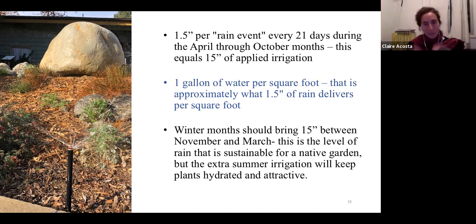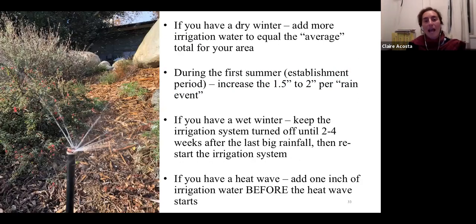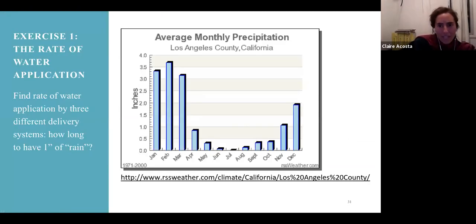And so we're watering in the summer for the attractiveness of the plants. And if you have a dry winter, like we talked about with this graph, if these bars in the November, December winter months aren't going up to 1 and whatever inches, you have to supplement that for your garden, especially if you want it to look nice, and especially if the plants are not established.